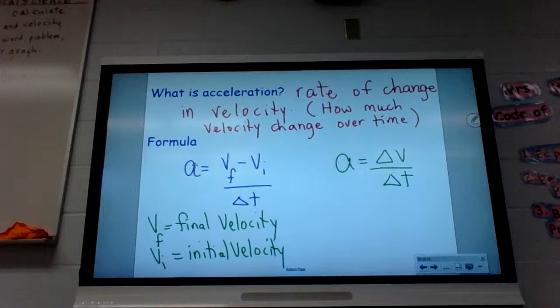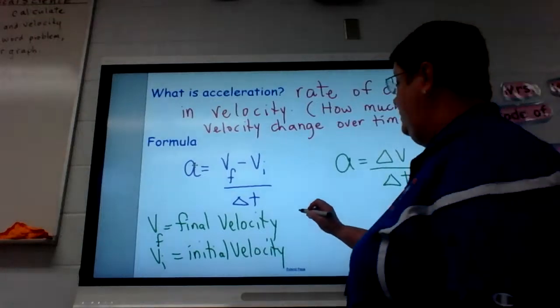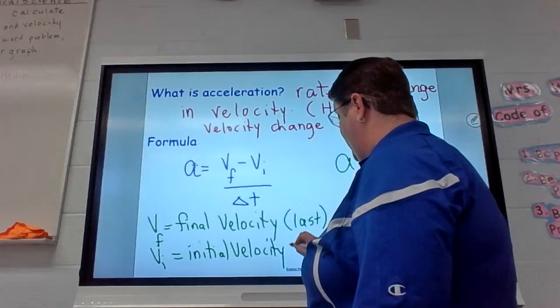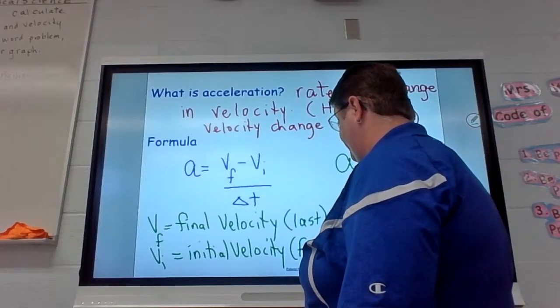If you take notes on the table, you don't get to use the table. If you look in the very right-hand column, next to where it says VF, it might have it, but it might not. Nope, it just says V is velocity. It doesn't tell you the F and the I. All right, so final velocity just means last. Initial velocity means first.